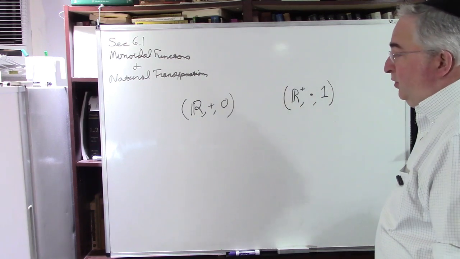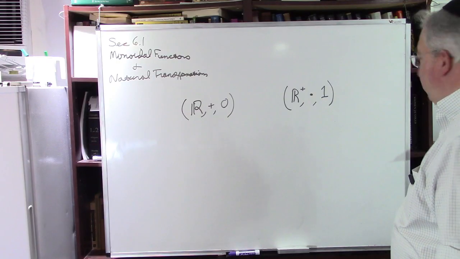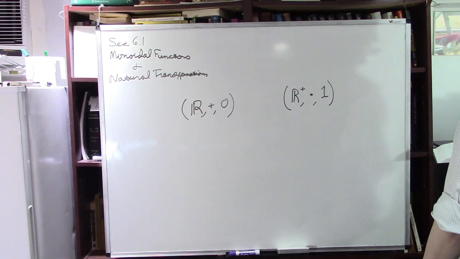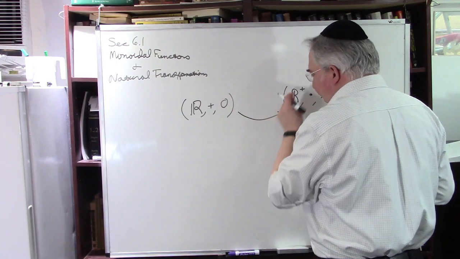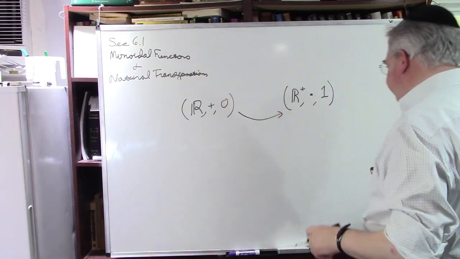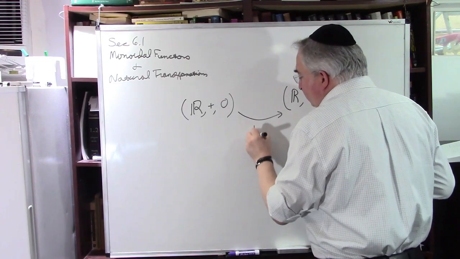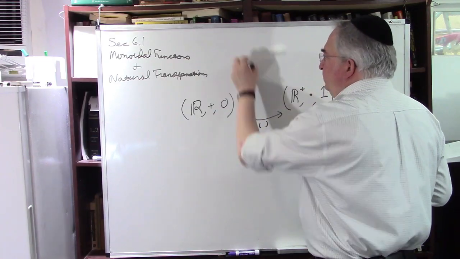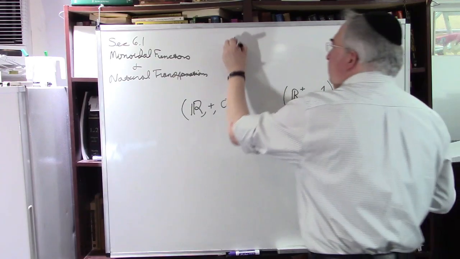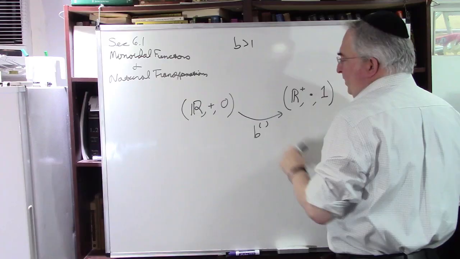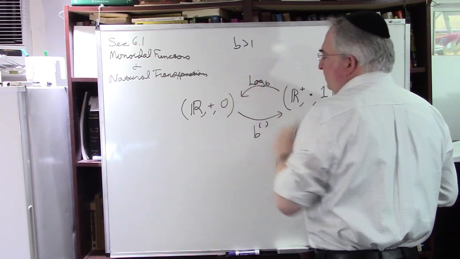So here are two monoidal categories. We mentioned them before, but now I want to show you how they're related. And so the idea is as follows. These are strict monoidal functors. Okay, so b is some number. What do we assume? We assume b is greater than 1. That's the base. And this is log, base b.